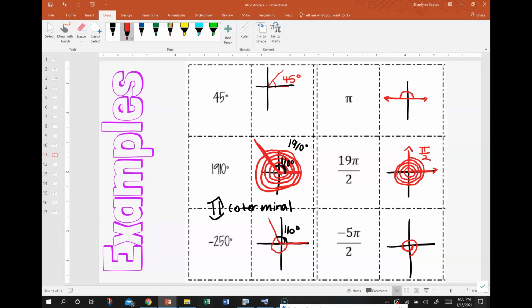Yep. So that means that my angle is this. And generally, this would be considered 3 pi halves if we were going around the other way, if we counted the number of halves. So this is 3 pi halves.